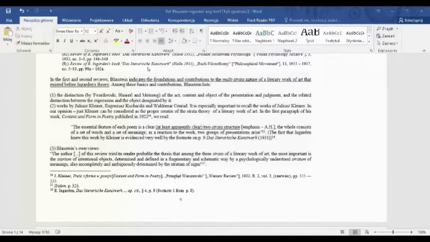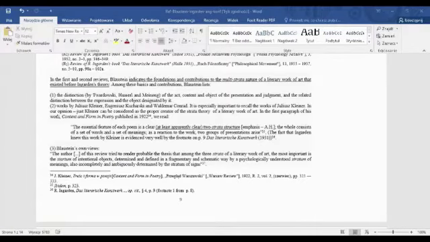Among these basics and contributions, Blaustein lists the distinction by Twardowski, Husserl, and Meinong of the act, content, and object of the presentation and judgment, and the related distinction between the expression and the object designated by it. Works by Juliusz Kleiner, Eugeniusz Kucharski, and Waldemar Konrad. It is especially important to recall the works of Juliusz Kleiner.